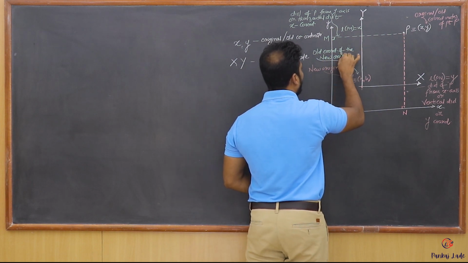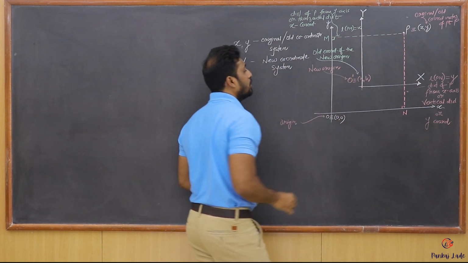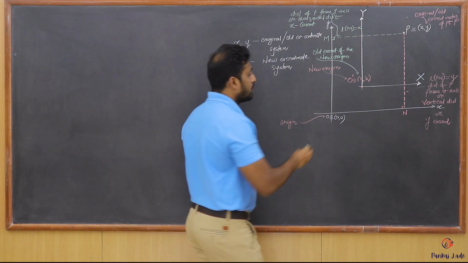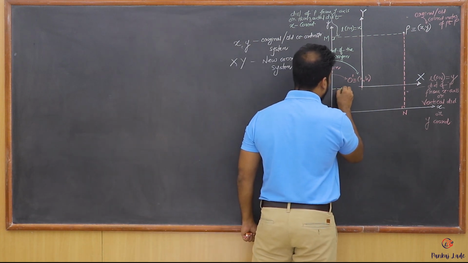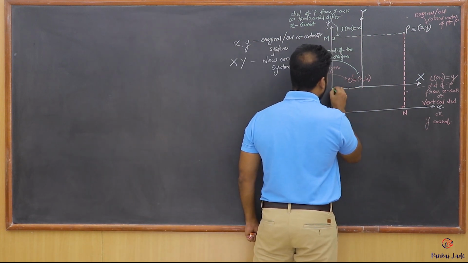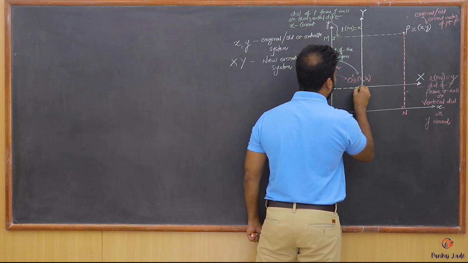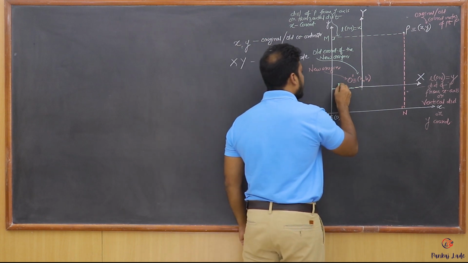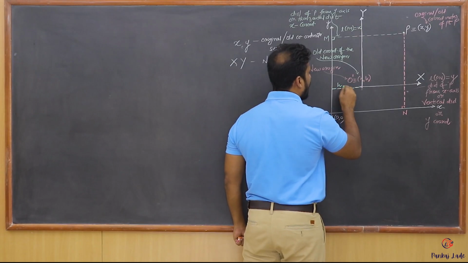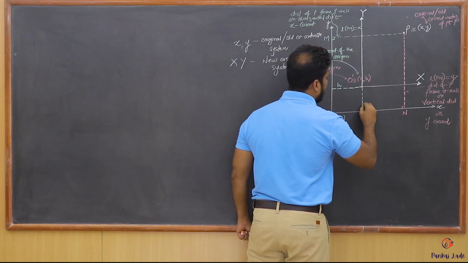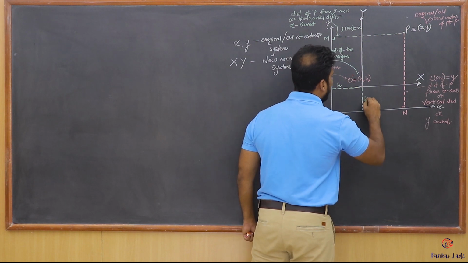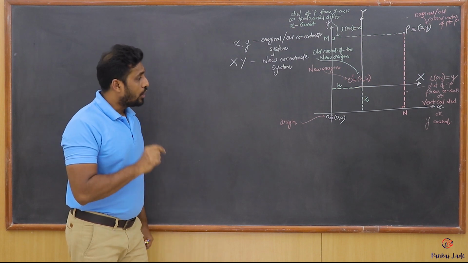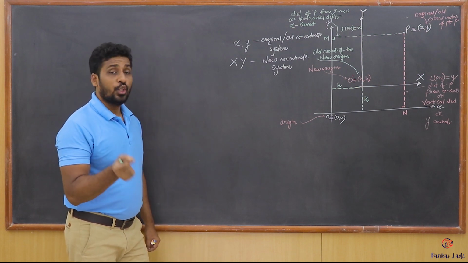So if they are the old coordinates, they must be measured from the original x and the y axis. That means if I ask you the horizontal distance of the origin, that means the distance of the origin from the y axis, this horizontal distance is going to be h, whereas the vertical distance is going to be k. So h and k are actually the horizontal and the vertical distance of the new origin.